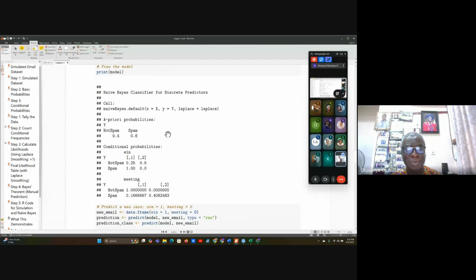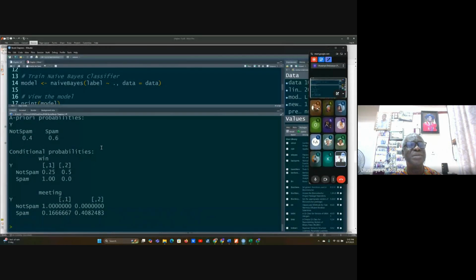Now let's see the next result, which is about the conditional probabilities, which now take into consideration the word when if it appears and the word meeting if it appears. Is that clear?